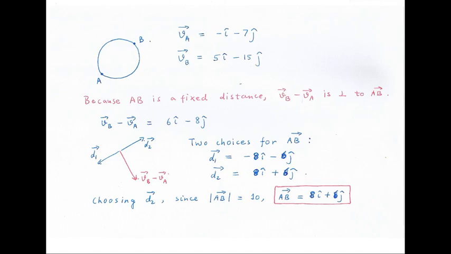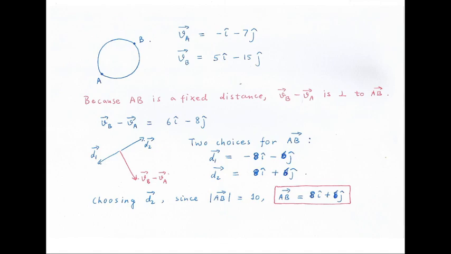If you were to take any two particular vectors for velocities of A and B, those velocities will definitely give you a clue about the direction of the vector AB.